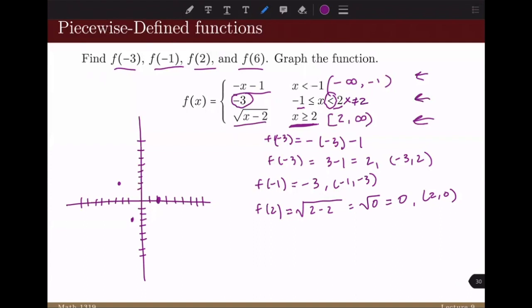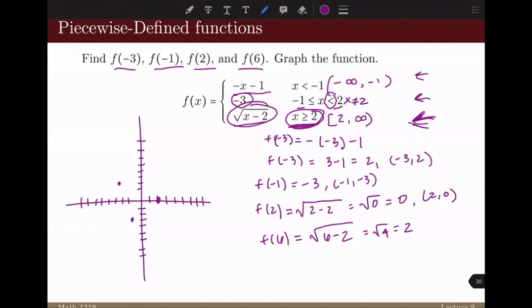Lastly, I need to find f of 6. So f of 6 is equal to the square root of 6 minus 2. I'm using the third one because the third one says only when x is bigger than 2, and 6 is bigger than 2. So that's why we're using this third function. So this is going to equal the square root of 4, which is 2.